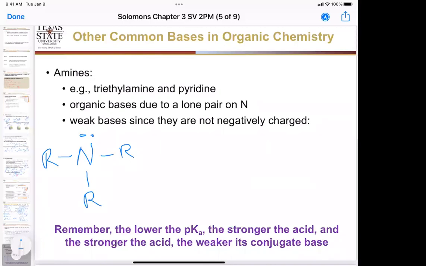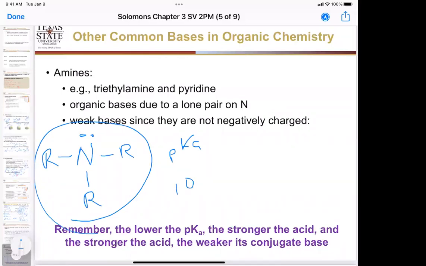So when we think about this, can we do a pKa of this? No, because it's a base. If we protonate it, it becomes a conjugate acid, right? Well, the pKa of the conjugate acid is 10.